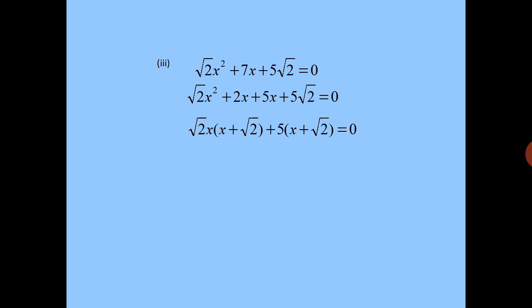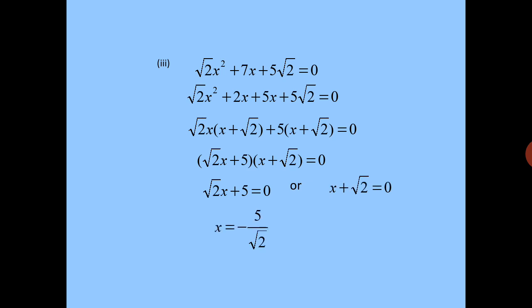From the first and the second term you have root 2 x as common. From the third and the fourth term you have 5 as common. Proceed further. You get two brackets, root 2 x plus 5, x plus root 2. Equate both of them to be equal to 0 because one of them has to be 0. So, the value of your x may be minus 5 upon root 2 or minus root 2.